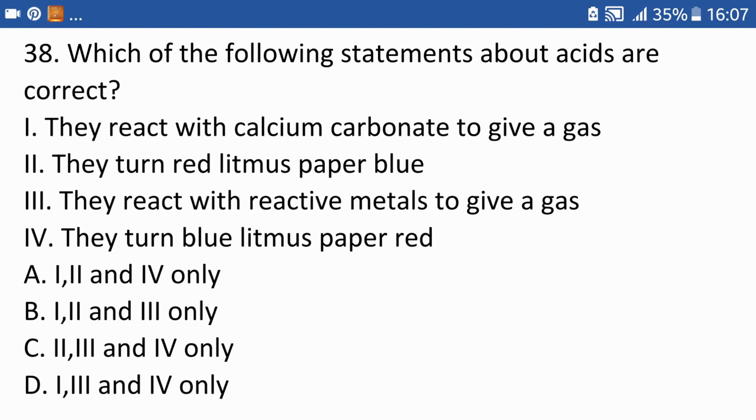Which of the following statements about acids are correct? They react with calcium carbonate to give a gas. They turn red litmus paper blue. They react with reactive metals to give a gas. They turn blue litmus paper red.